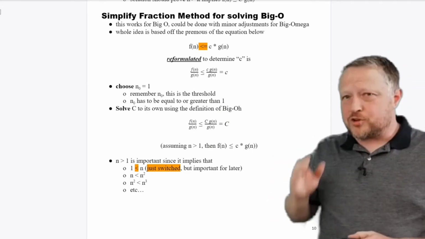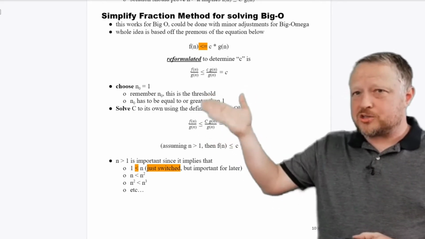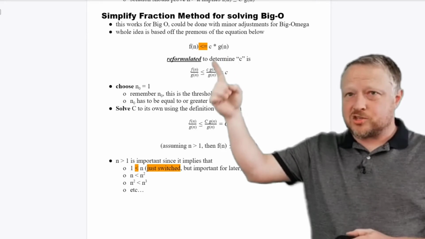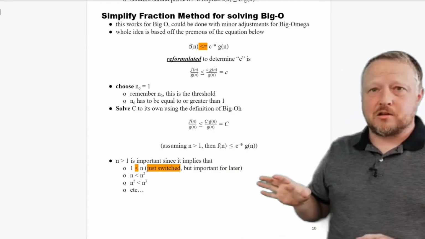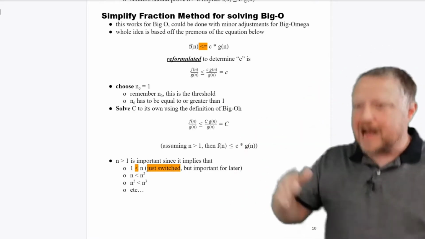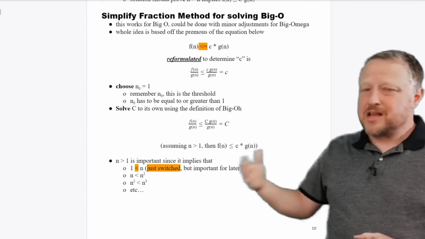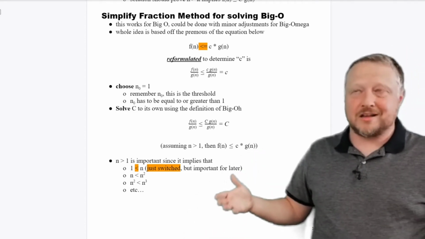Now, to solve for c, we're going to use that equation we were just talking about, which is, again, just this reformulated to have c by itself. Now, we're going to assume that n, which is the actual number of pieces of data, is going to be greater than 1. That makes sense because it didn't run with anything less than 1.